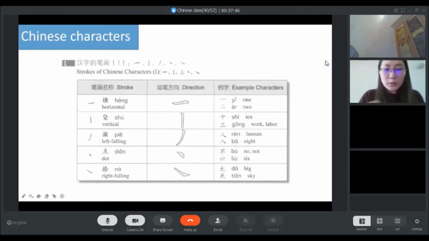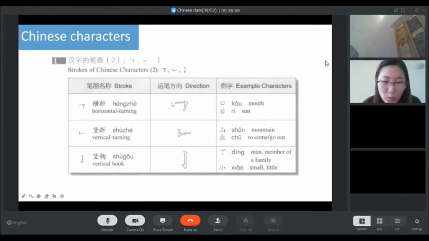You just need to know how to write the Chinese character. It will be okay. This is the separation of the Chinese characters. We separate it into strokes. This is Heng, and this one Shu, and this one Pie, dot, and Na.